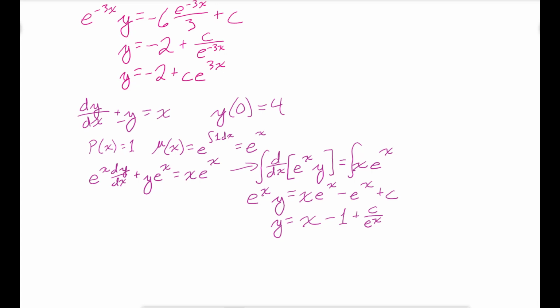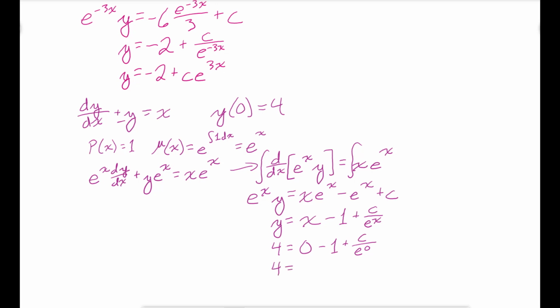But what we really need to do is solve for our constant. So let's go back and use our initial condition we're given. We're given y of 0 equals 4. So I'll be substituting in 4 for y and 0 for x. Now, e to the 0 power is just 1. Anything to the 0 is 1. So I have c divided by 1, or just c.